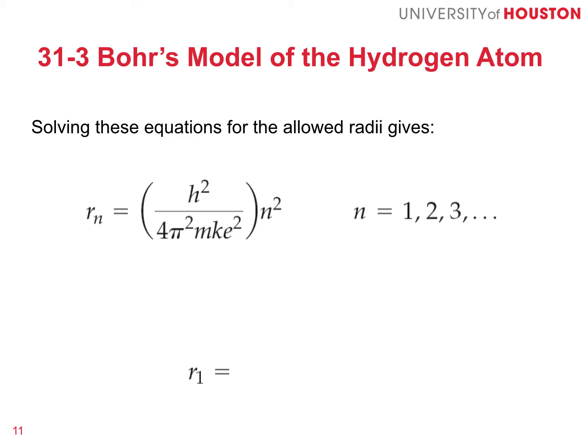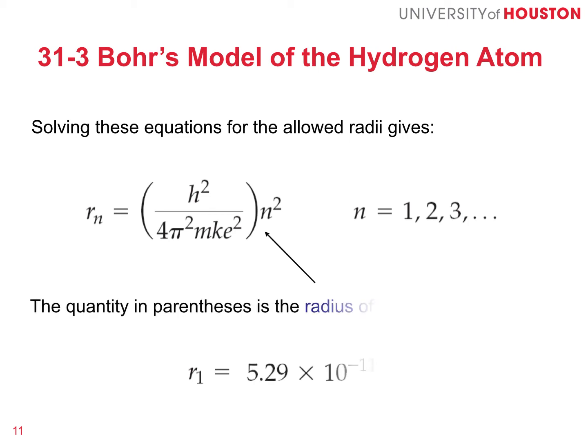Now, the quantity in parentheses is actually the radius of the smallest orbit, which corresponds to n equals 1, and that is equal to 5.29 times 10 to the minus 11 meters.